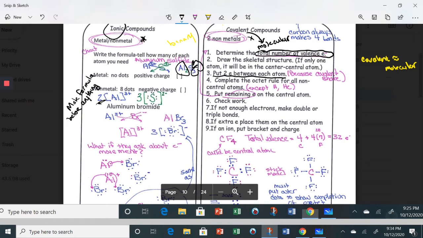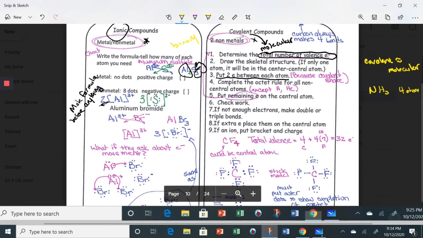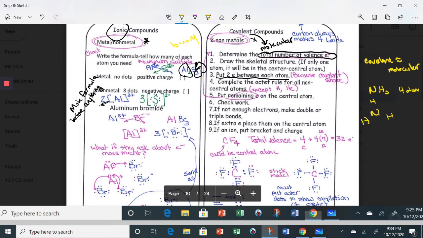Right? So if I have nitrogen and I say my compound is NH3, well, I have a total of 4 atoms there. I have nitrogen and 3 hydrogens, so I'm going to put N, and then just because I don't really know the structure, I'm a newbie, I'm going to space it out like that. I haven't done this before.